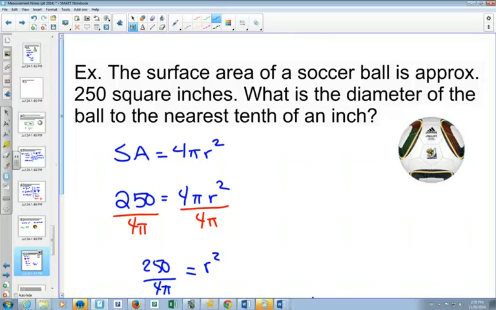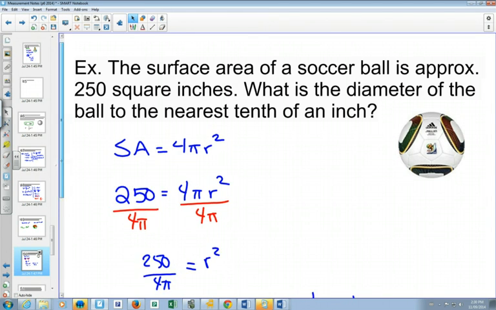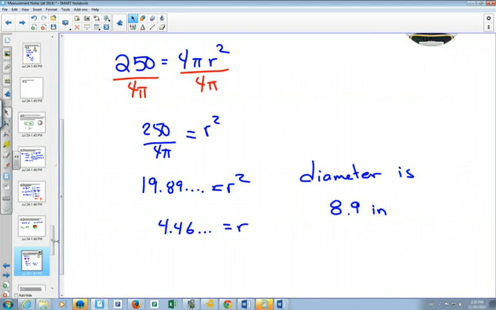I could have this same question and make it a surface area and conversion question combined if I said nearest tenth of a centimeter. So then you'd have to use conversions during your question as well. But this one, it's nice. It's all inches. We can just use our formulas, do the calculations as we go, and we get our diameter is 8.9 inches.